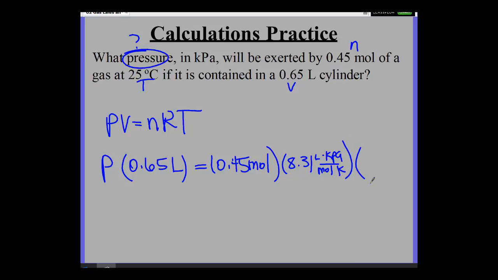And then temperature, remember temperature must be in Kelvin. So we change to Kelvin by adding 290. So this one, we just divide.